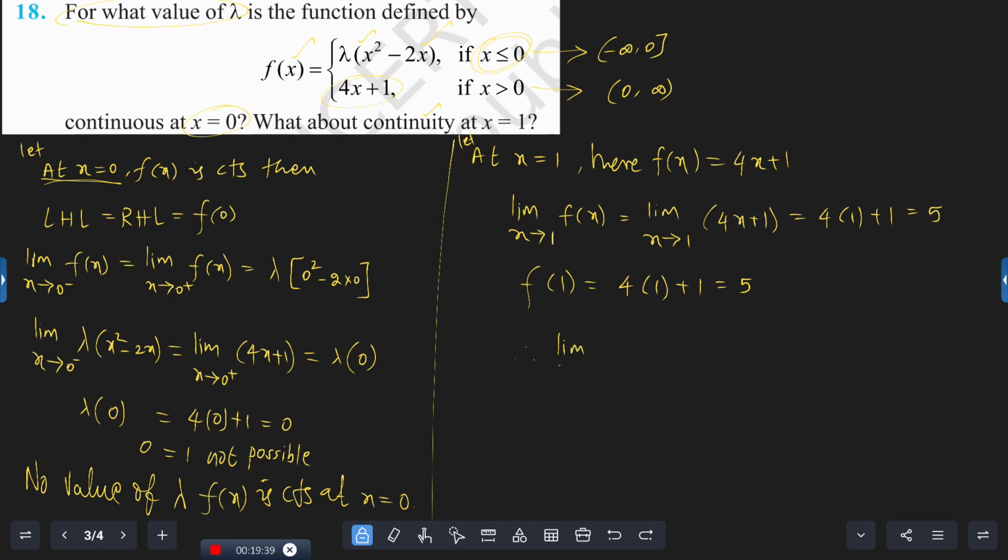Therefore limit x tends to 1 of f of x equals f of 1, that is 5. Then f of x is continuous at x equal to 1. So at x equal to 1 it is continuous, and at x equal to 0 the lambda value is not possible to find.